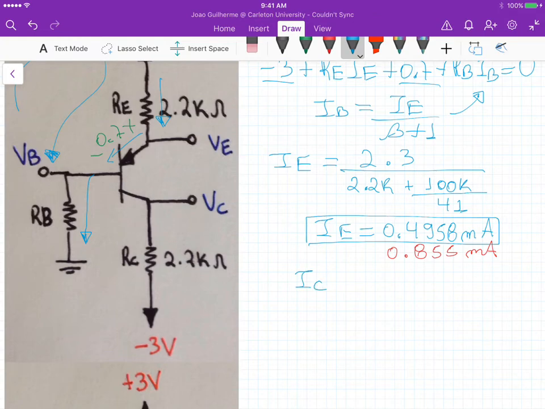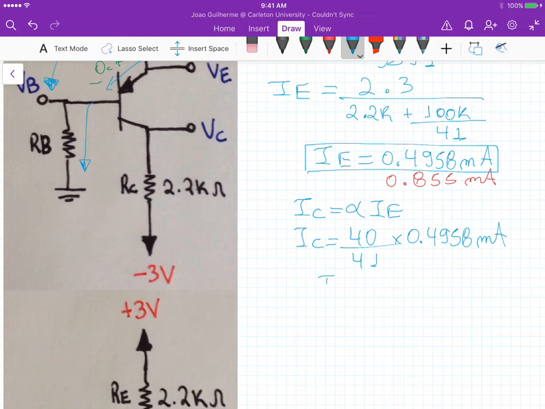So we know that the collector current is equal to alpha times the current at the emitter. And we know alpha, it's 40, remember, beta divided by beta plus 1, times that 0.4958 milliamps.